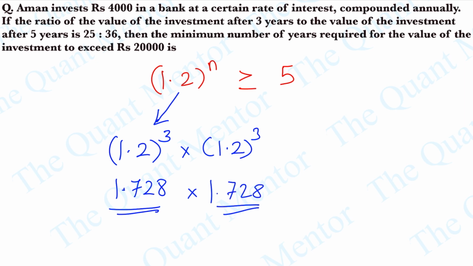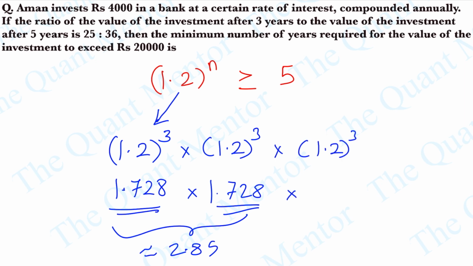So roughly 1.7 into 1.7 would be 17 square, 289. So still this number would be approximately 2.89 only, which is not 5. Once again, if I multiply this with 1.2 cube, it will be getting multiplied by 1.728. So if you now check, 2.8 approximately times 1.7 brings us very close to 5.